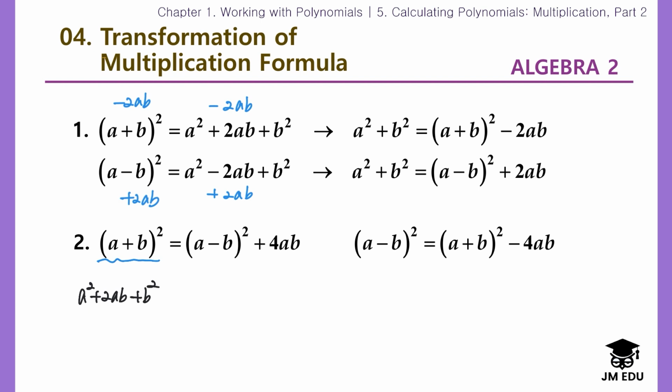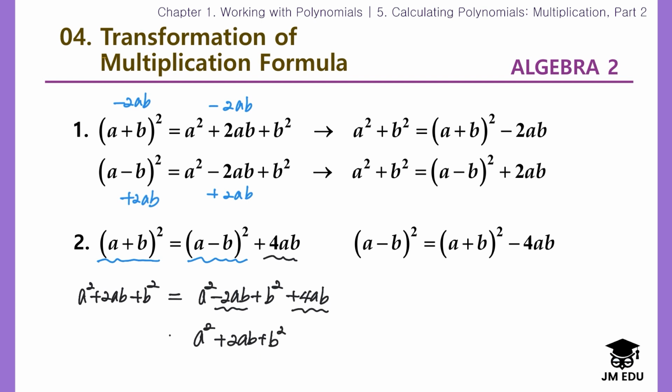If we expand this expression right here, that's a² - 2ab + b², right? So if we add 4ab here, then they're equal to each other, right? Because -2ab + 4ab is equal to +2ab, right? So this expression is equal to (a + b)², which is equal to a² + 2ab + b².